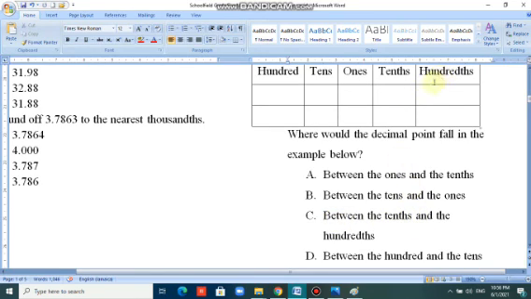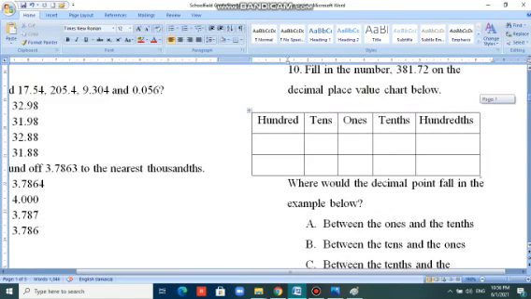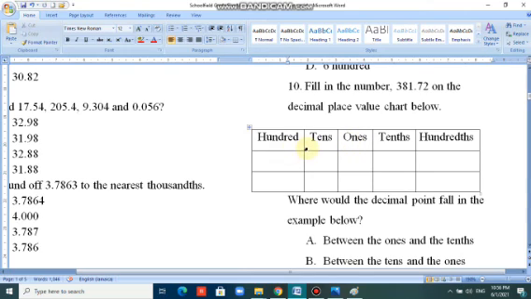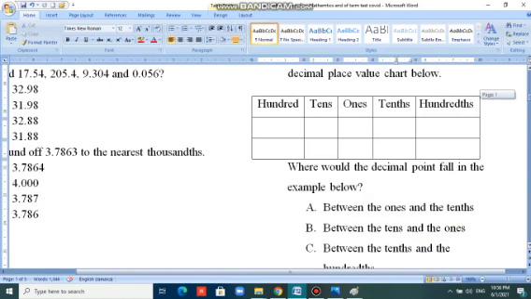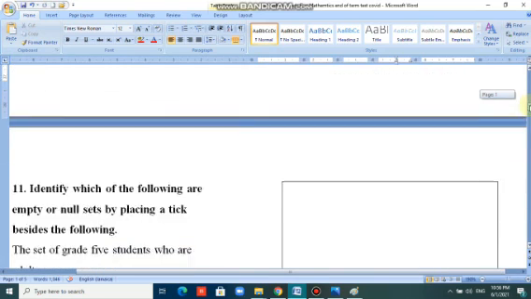It couldn't be C, between the tenths and the hundredths. And it couldn't be between the 100 and the tens. It has to be between the ones and the tenths. Because it's 300, 8 tens, ones, and then you have the point here, then you have the 7 tenths and 200ths. All right? So the answer is A.